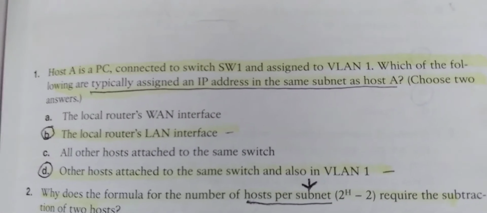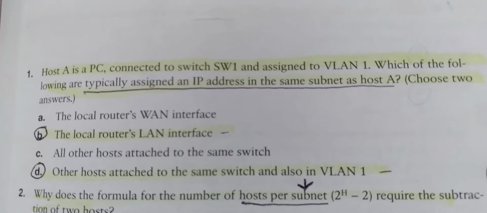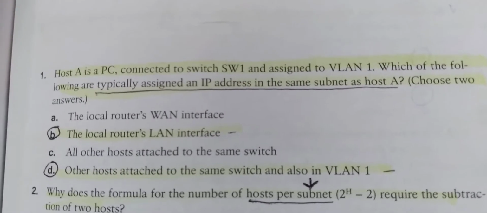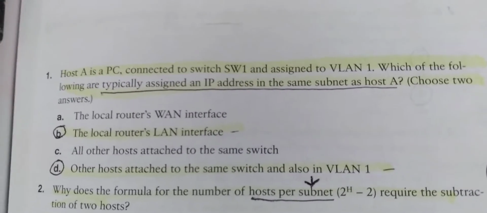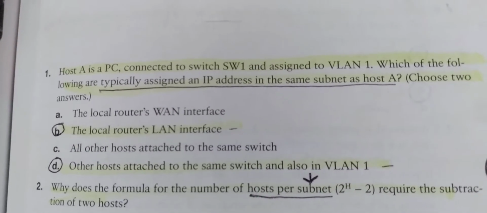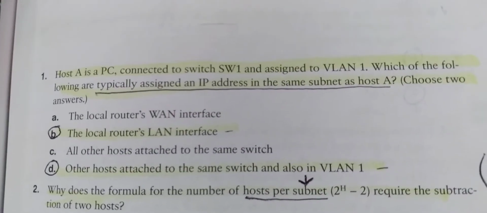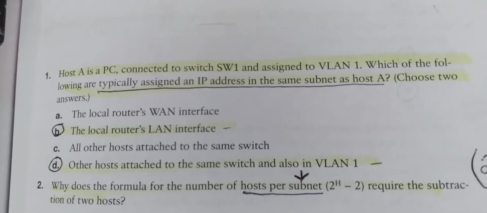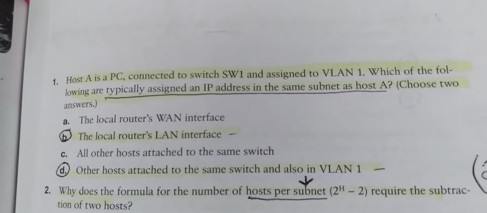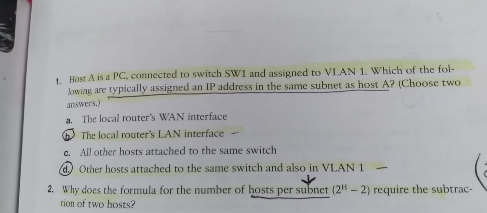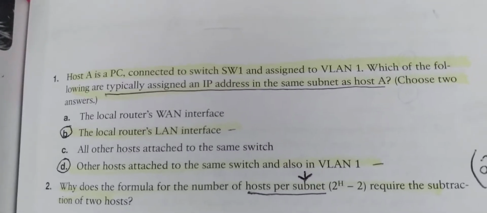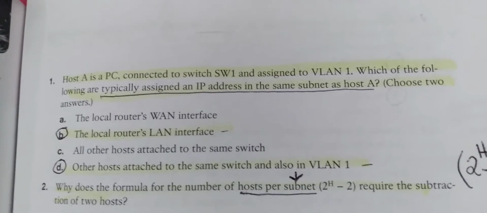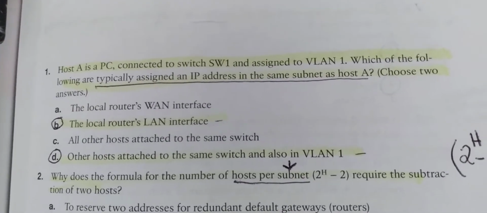The choices are A, the local router's WAN interface, B, the local router's LAN interface, C, all other hosts attached to the same switch, or D, other hosts attached to the same switch and also in VLAN 1. The answers are B, the local router's LAN interface, and D, other hosts attached to the same switch and also in VLAN 1.